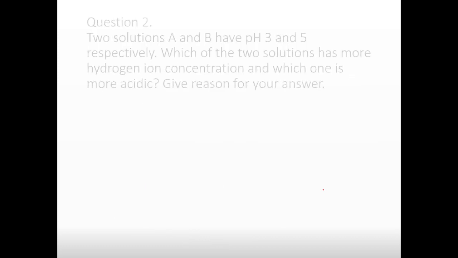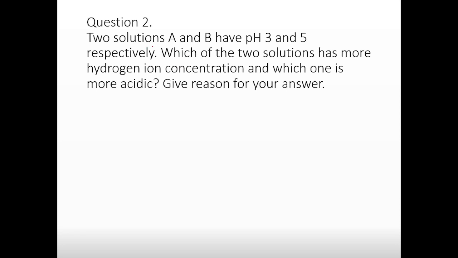The question number 2 of the day is: two solutions A and B have pH 3 and 5 respectively. Which of the two solutions has more hydrogen ion concentration and which one is more acidic? Give reason. As I told you, if you go through the pH scale, it starts from 0 till 14.